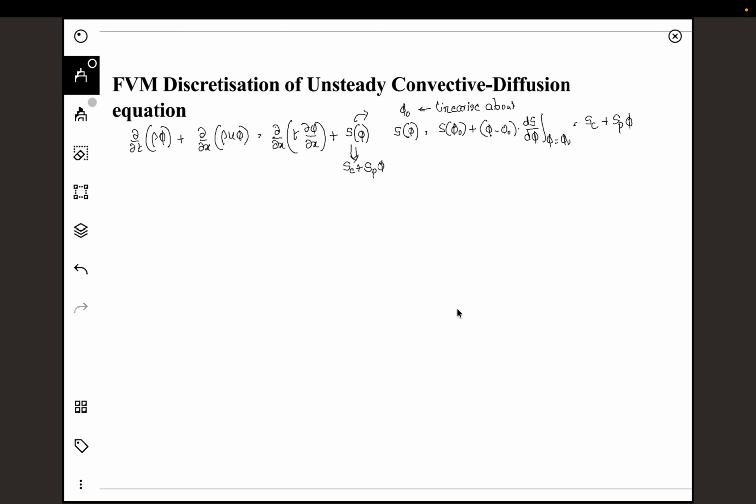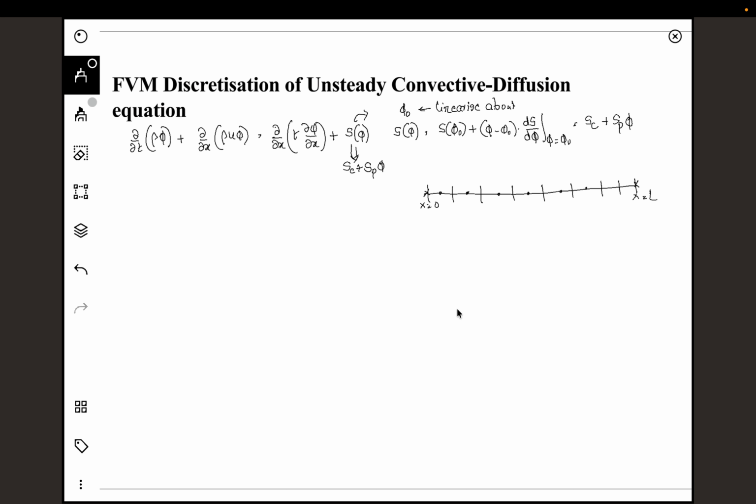So this will be my governing equation, and unlike the finite difference method, in finite volume you have to do an integration across a control volume. So the first step is we have to discretize the domain. This is a 1D problem, so I have a domain from x equals 0 to say x equals some L. Now I'll discretize this into some cells, and each cell center will be the corresponding node that I'll be considering.